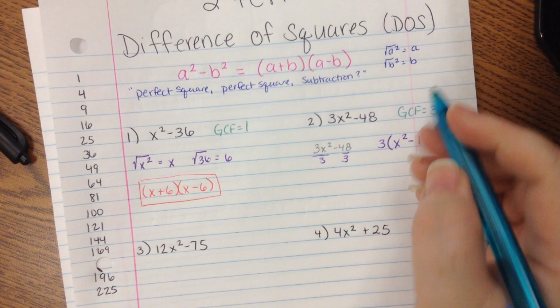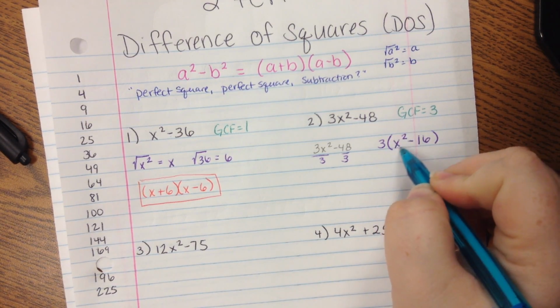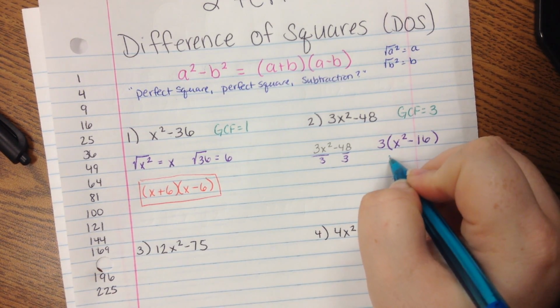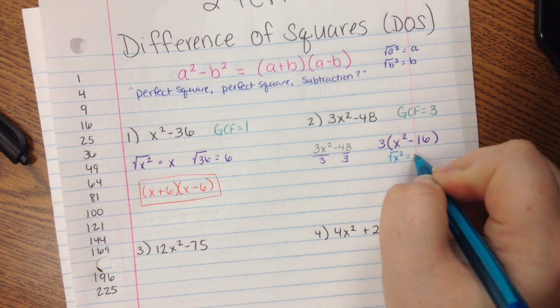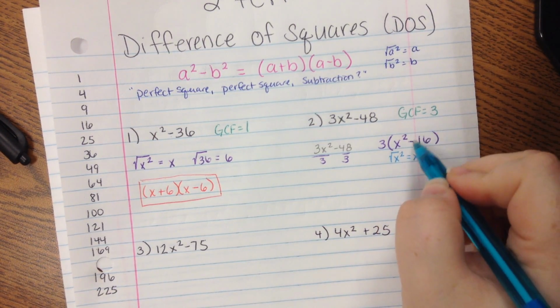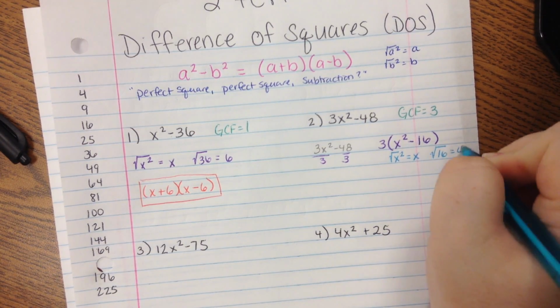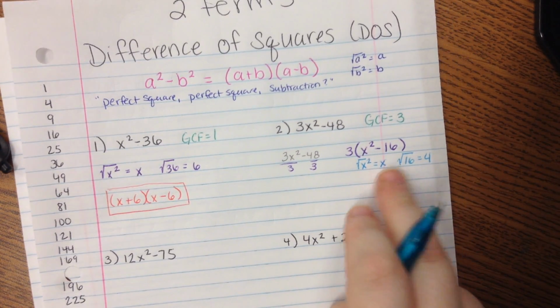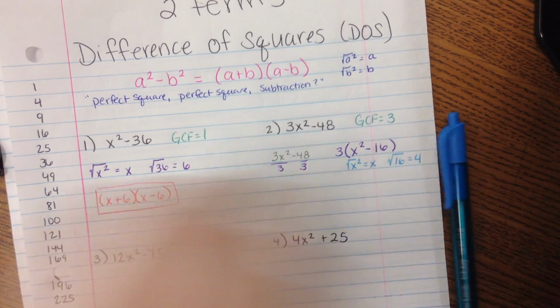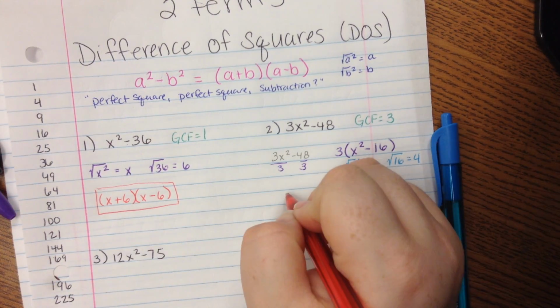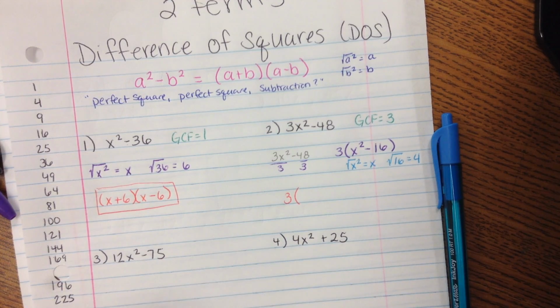We figure out our first term, which is we take the square root of x squared, which is equal to x. Then we figure out the back term, which is the square root of 16, which is equal to 4. We now have our first term and our second term. Our GCF still remains on the outside of the parentheses.